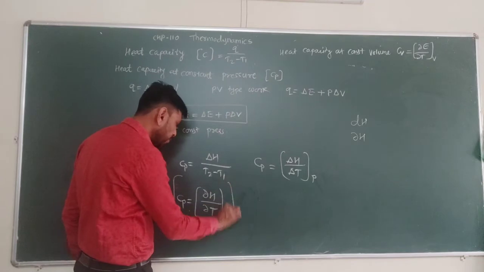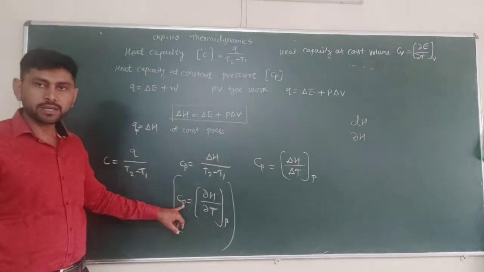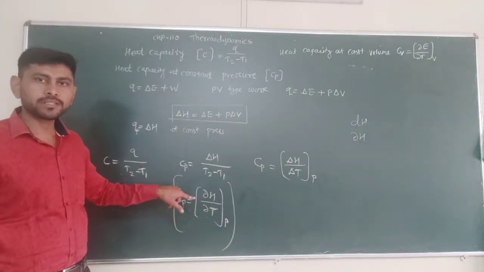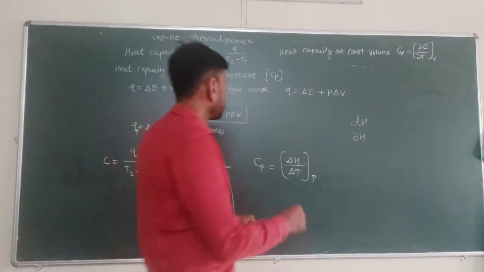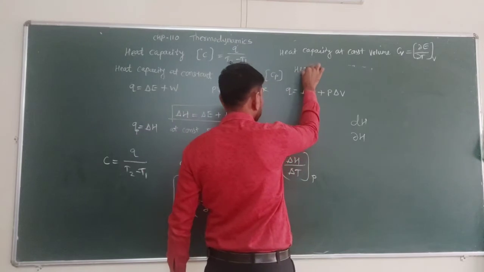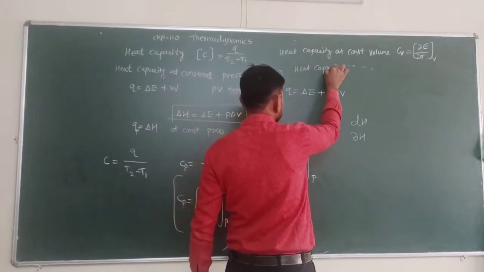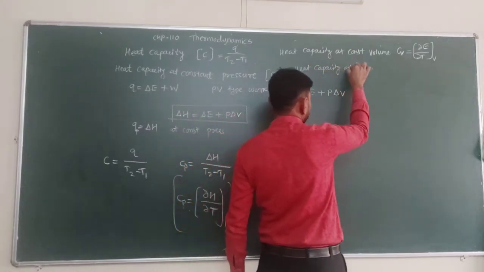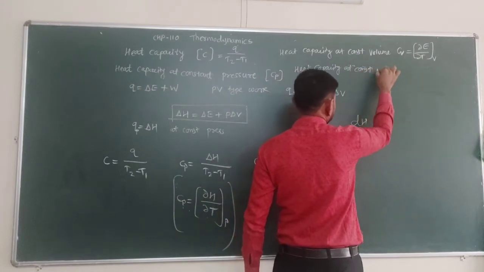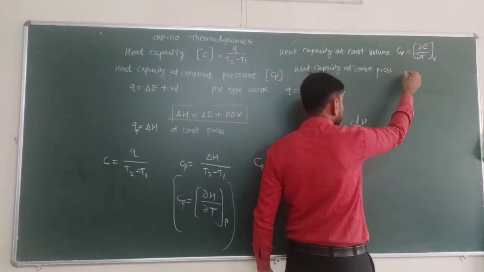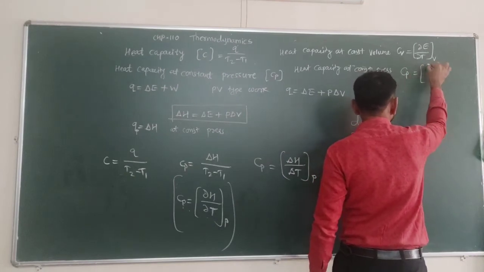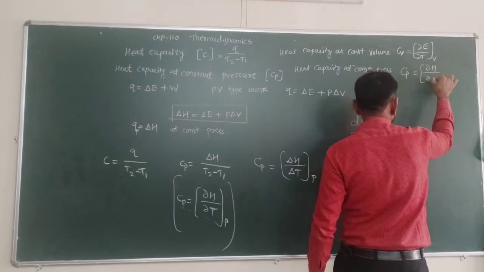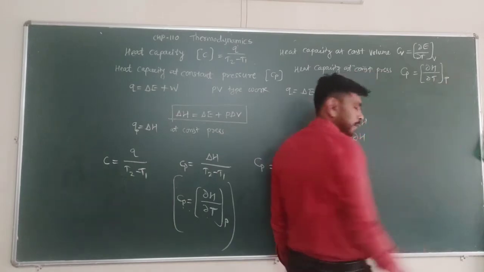So this equation represents heat capacity at constant pressure. We have to remember this equation for delta H by delta T at constant pressure.